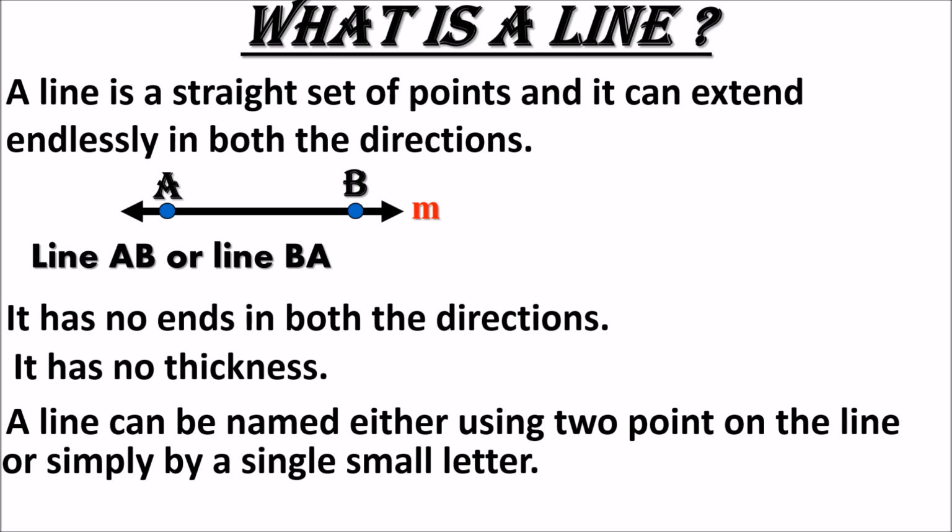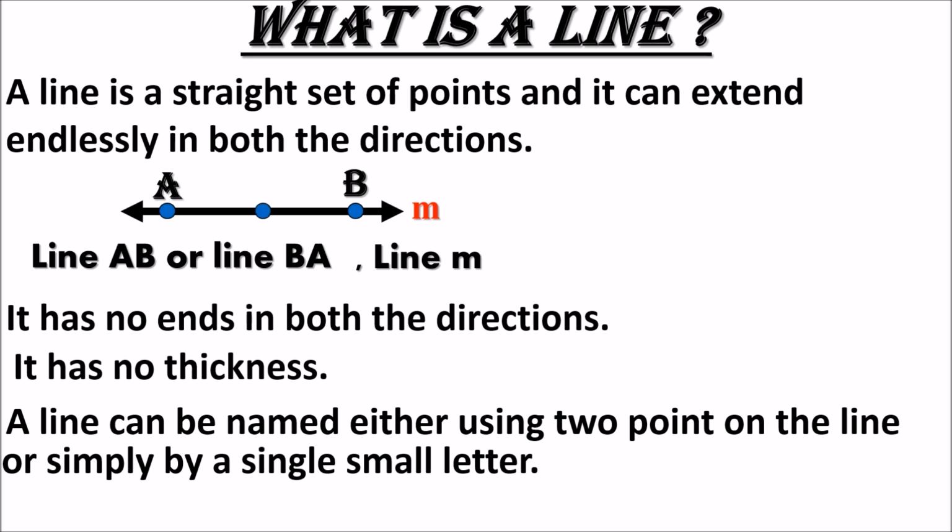Look at the figure. Here I have taken small letter M. So you can say it is line M. So here we have a single line with 3 different names: line AB, line BA, line M.